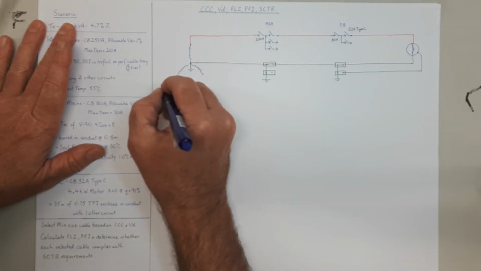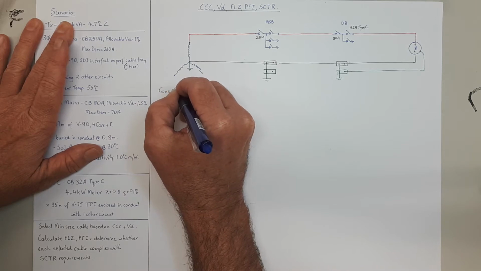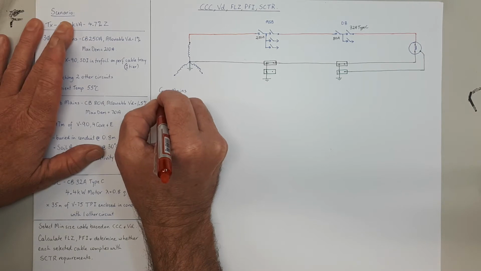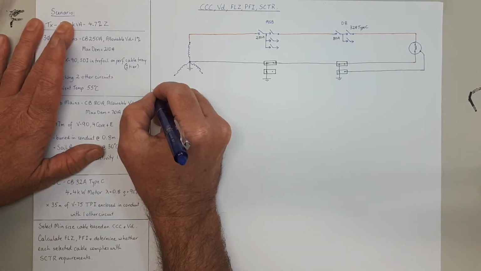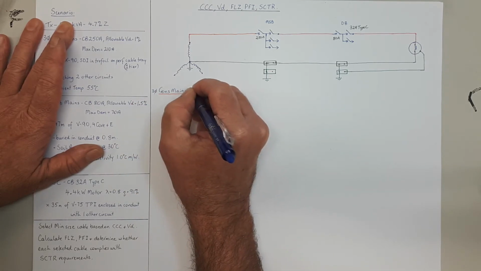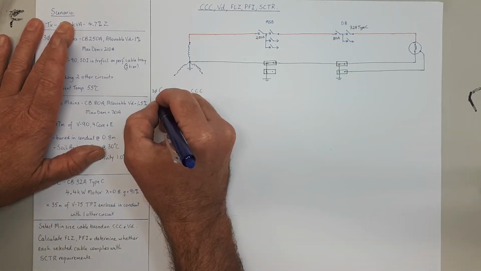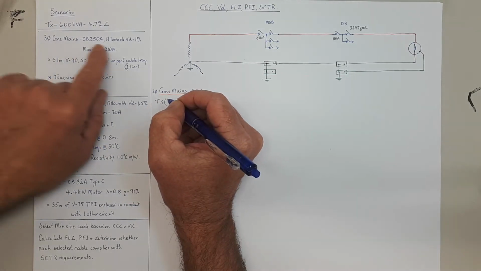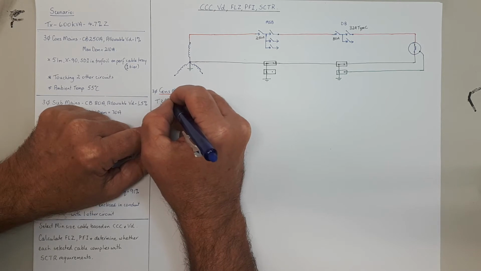Okay, so starts with cons mains. We'll find out the CCC of the cons mains, and of course it's three-phase. We'll start with current carrying capacity, and as always when we start with current carrying capacity, we start at table 3, and in this case, because it is in trefoil on perforated cable tray, that's 3.1.